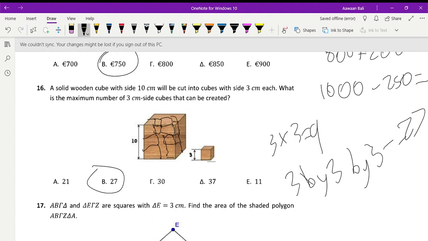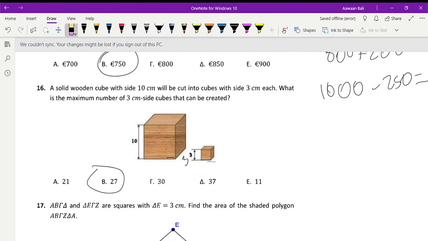Basically, that means for a whole side you can fit 9 cubes, and then there'll be 3 layers of that because the length here would be 3. So 27 cubes in total can be fitted, but there will be some wood left. So the answer is Vita.